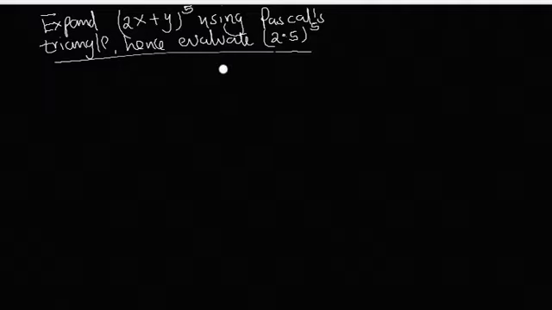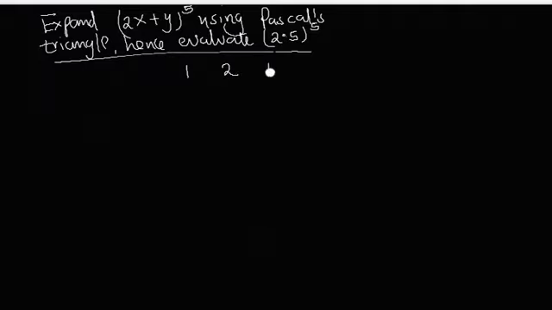And the first thing I'm going to do is to construct the Pascal's triangle, and I want to begin with 1, 2, 1. So let's start with 1, 2, 1.